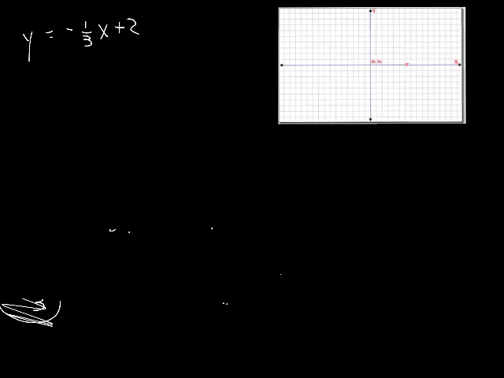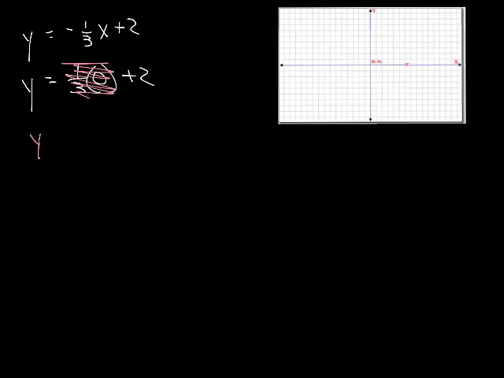It's just that instead of putting 0 in for my y value, I'm putting 0 in for my x value, which makes life easier because this whole thing is going to go away, because any number times 0 is 0, so y equals 2. So my y-intercept is 2, my ordered pair is 0, 2, and it's real easy to graph right there, and then I can draw my line like that, and I'm done.